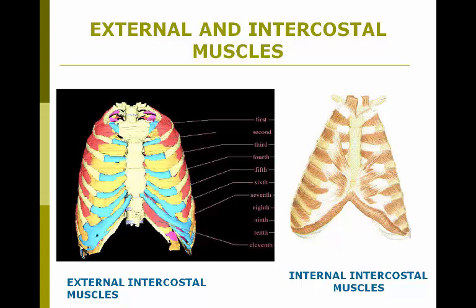The internal intercostals, when they contract, are actually going to decrease the volume of the thoracic cavity. They're going to pull the ribs inward and downward. This is going to help with expiration, but they only contract when the person is performing what we call a forced expiration.